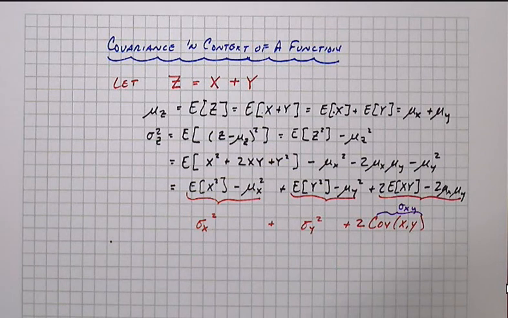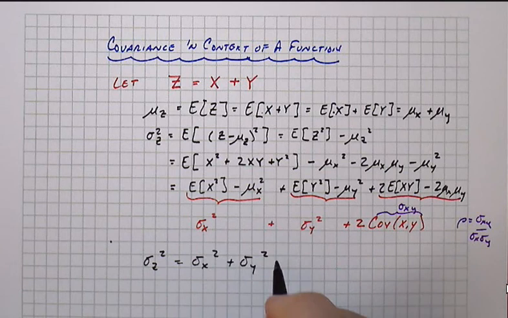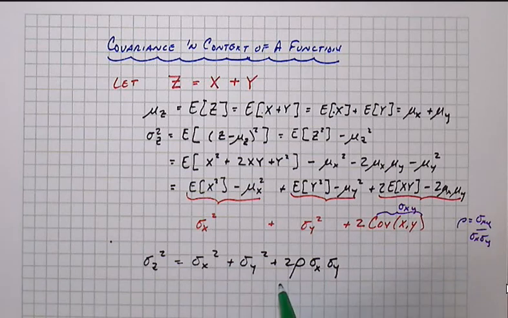Then take note that rho was equal to sigma XY over sigma X times sigma Y. I can rewrite this finally that the variance of Z is equal to the variance of X plus the variance of Y plus 2 times the correlation coefficient between X and Y times sigma X times sigma Y. That's a very important result here.